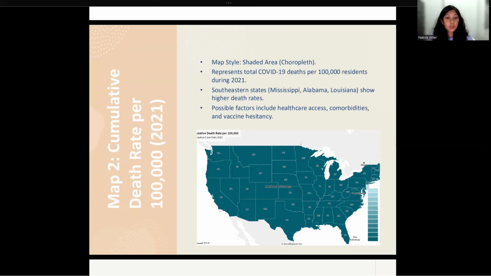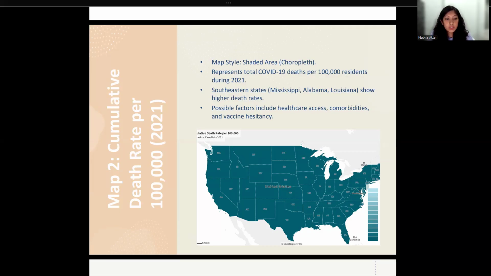This second map also used a choropleth style, showing total deaths per 100,000 residents in each state. Notice that southern states, particularly Mississippi, Alabama, and Louisiana, are the darkest, showing the highest death rates. This suggests that although infections were widespread, some regions suffered worse outcomes.